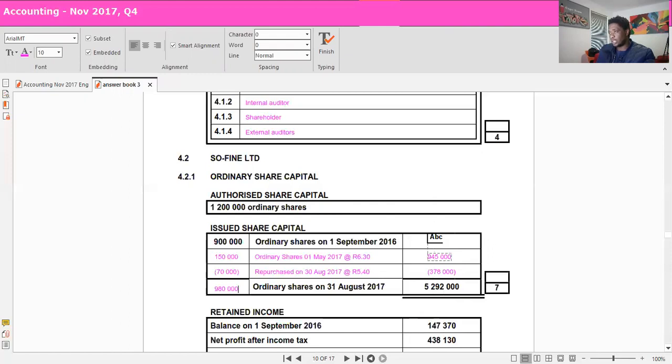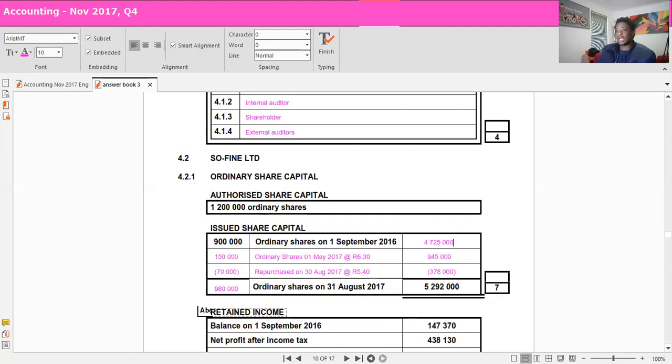And then when you're calculating from the top to down, you'd say this amount plus 945,000 minus 378,000. And then that amount for ordinary share capital at the beginning of the year is 4,725,000. Just double check with your calculator.